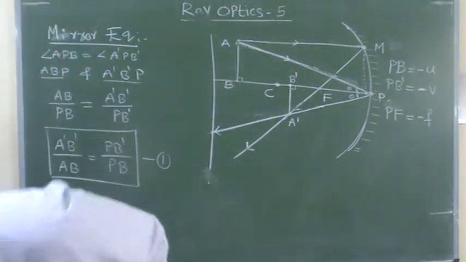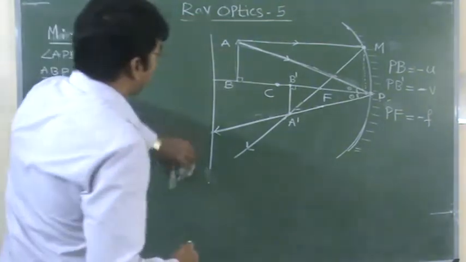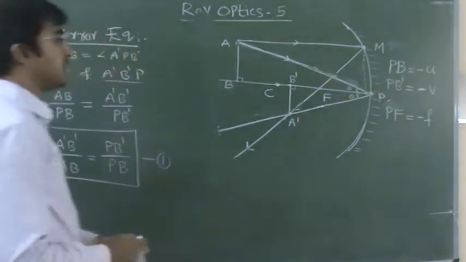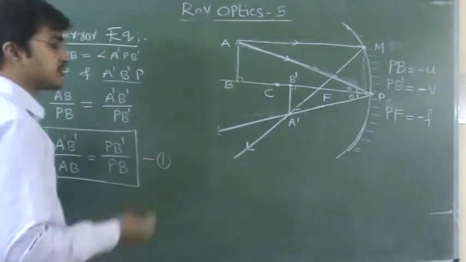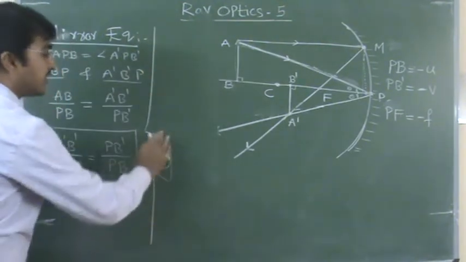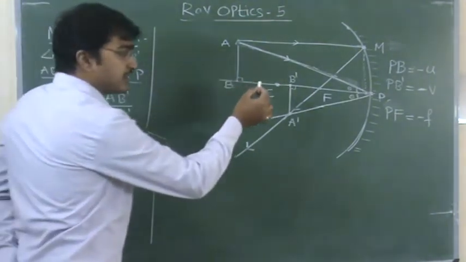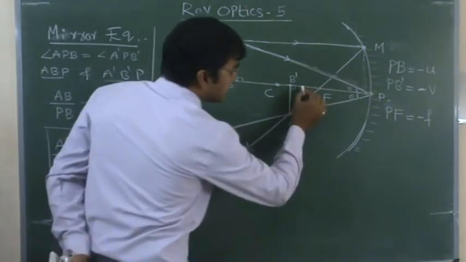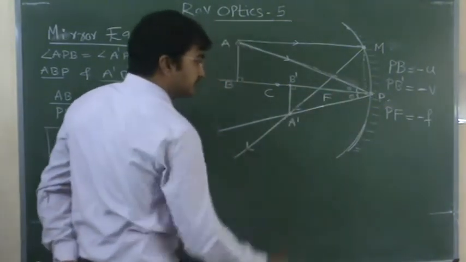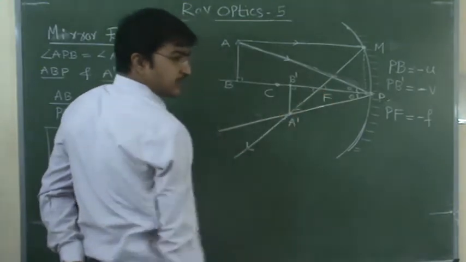Now coming to the next similar triangles. What similar triangles am I taking here? Let's see, this is one parallel line, and here the angle will be the same.